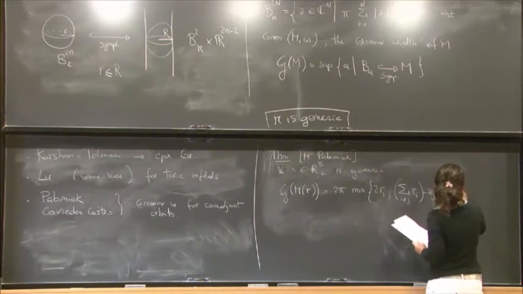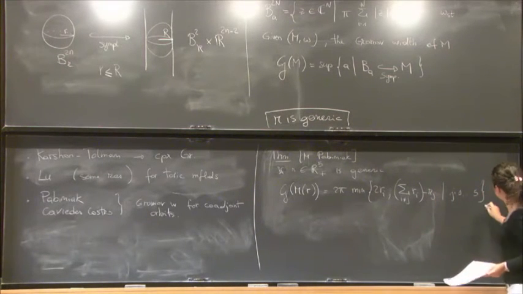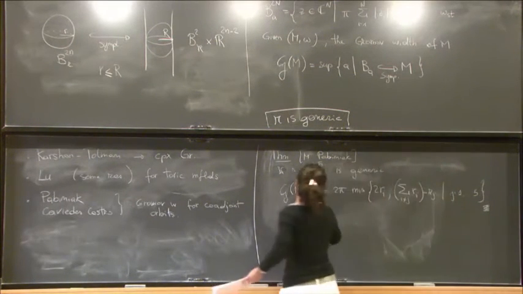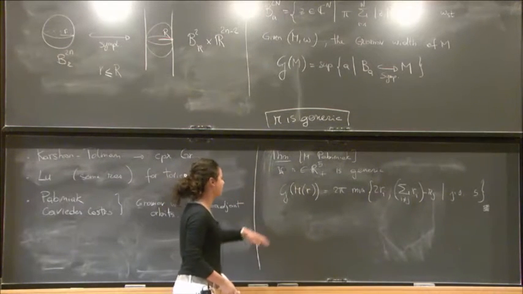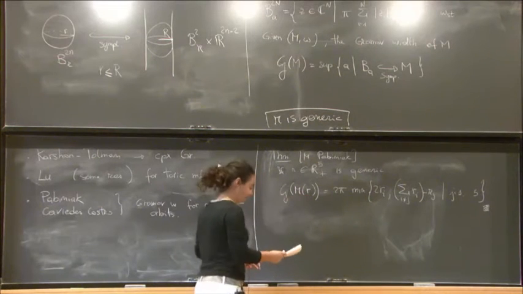This is for every j that goes from 1 to 5. So for the 5-gon, we really have the Gromov width in all cases. In this case, the polygon space is 4-dimensional.